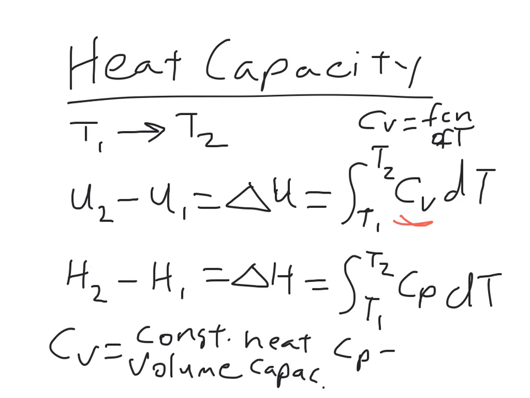CP is the constant pressure heat capacity. So whenever we're dealing with a system that is constant pressure, we're going to deal with CP. The other thing to remember is that delta U, or involving CV, involves systems that are closed.